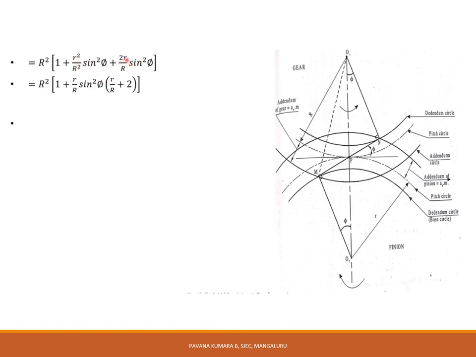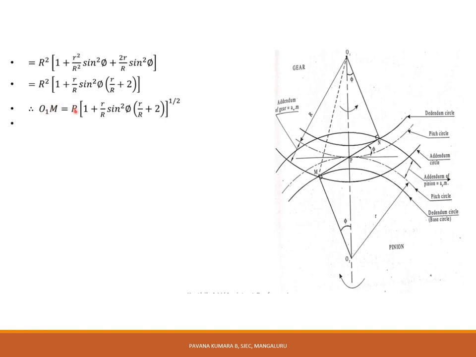So here the common term is small r divided by capital R into sin square phi, take it outside, and the remaining thing is r divided by capital R plus, since already taken outside, the remaining is 2.